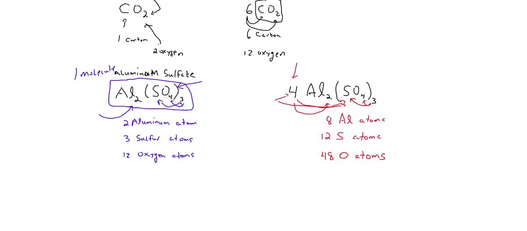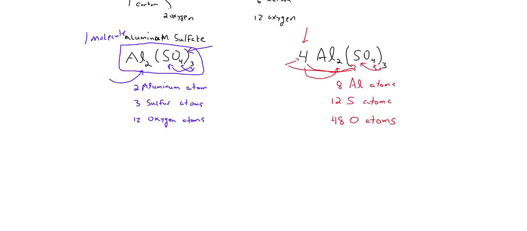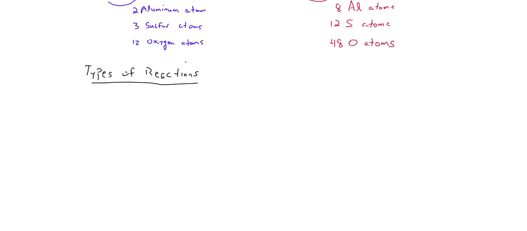All right. So now we're going to talk about types of reactions that are involved in the lab. Later when I do some specific reactions, you'll see what I'm talking about. The first one is called combination, and it's just as it sounds.